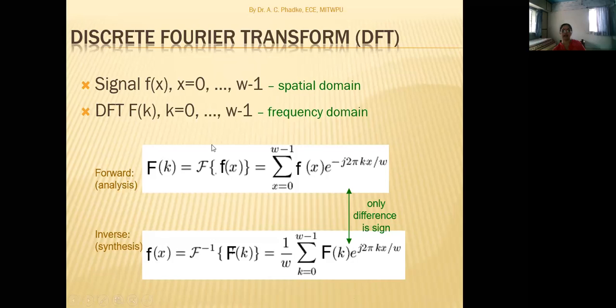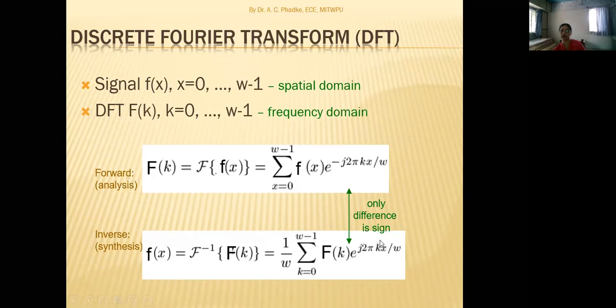Okay, now like forward transformation we have inverse transformation. We can reconstruct the original signal f(x) by the inverse of F(k), and this inverse transform is as shown here: 1 upon w summation k runs from 0 to w minus 1 of F(k) into e raised to j 2 pi kx by w. So here only the sign of this term is changed for inverse transformation.